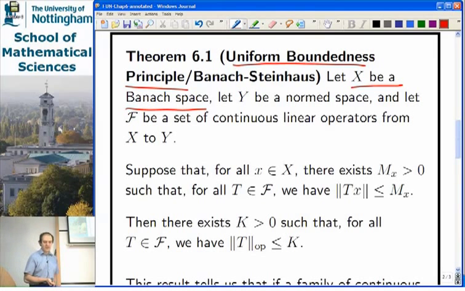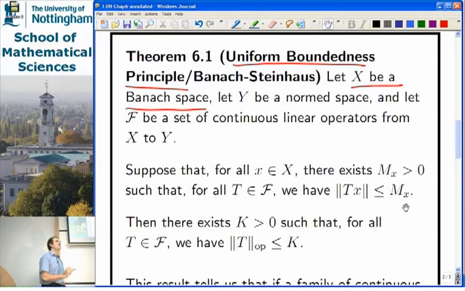Point-wise boundedness means that for each point in X there should be some constant, so that for every operator in your family, the norm of the image is at most that constant. So this is not allowed to depend on T, but it is allowed at the moment to depend on X. You're going to need that if you're going to be bounded in operator norm, because whatever that bound on the operator norms is, you can take that times norm X to be your M_X.